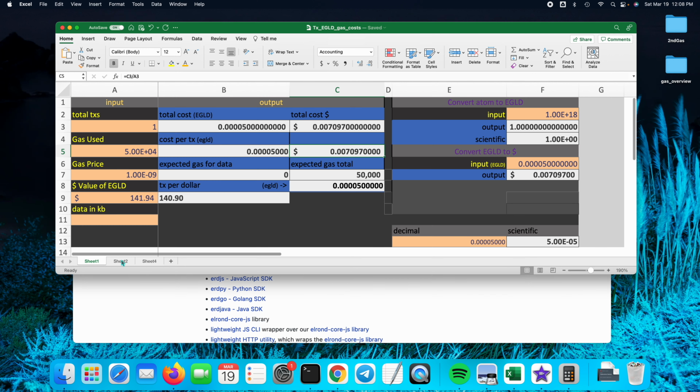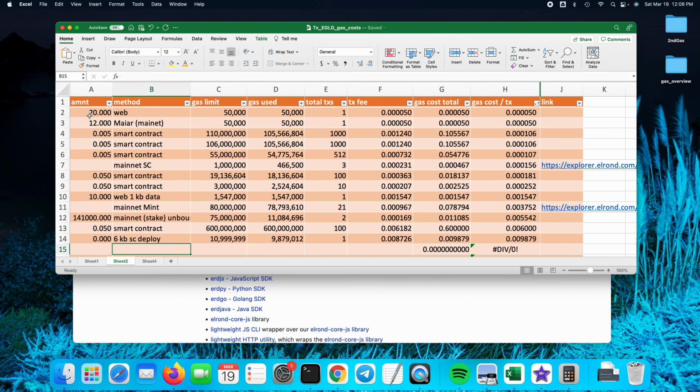Our baseline cost is an individual transaction on the web wallet or in Maiar. The information I got here was pulled from the transaction data. For one transaction, it uses 50,000 gas units, and that calculates out to this number here in EGLD.